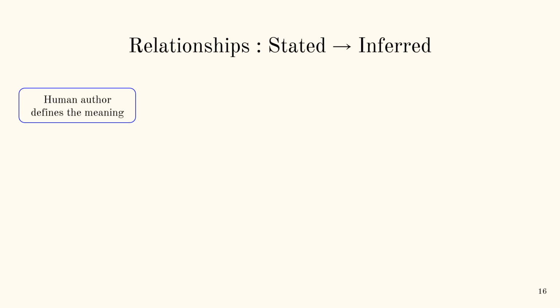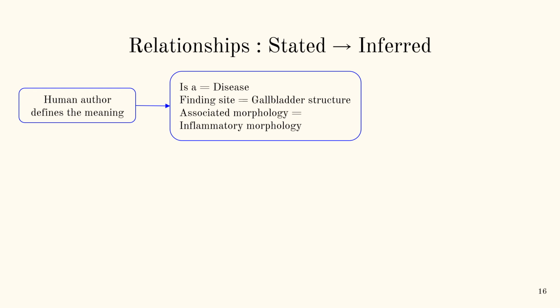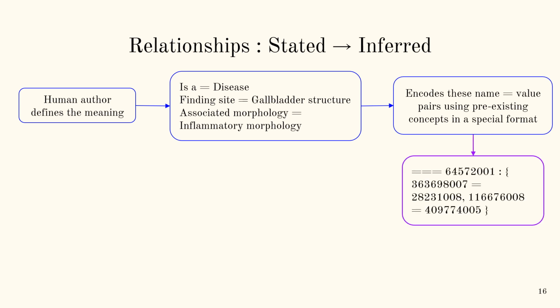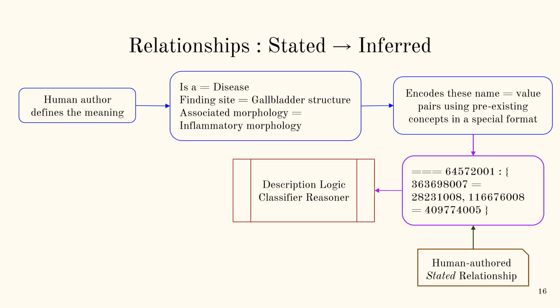Let's look at it. We have the human author defining the meaning: a set of three sentences, name value pairs, encoding done. It is put into this particular format with special characters and symbols. This is the human authored stated relationship. Then we put it through a description logic classifier reasoner, which is a computer engine.